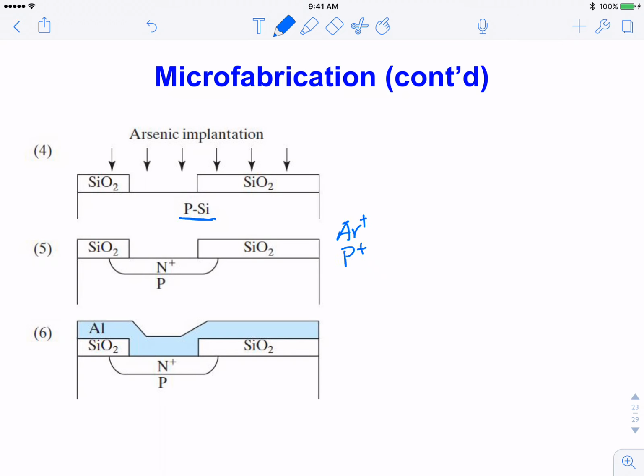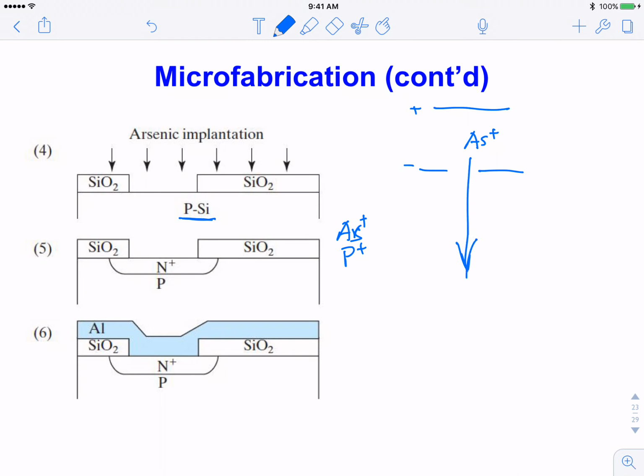Okay, so what you do is you ionize these impurities, and then once it becomes ionized, it carries charge. With a charge, you can accelerate the charge. So you put into an ion implanter where basically you think of it, you produce these arsenic ions, and you put accelerator here, minus, plus.